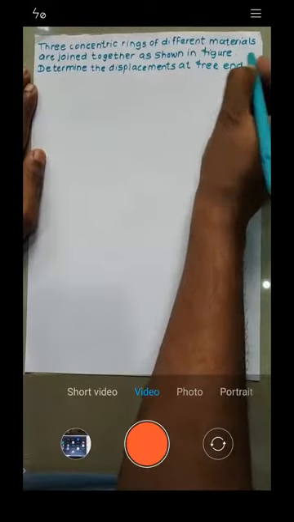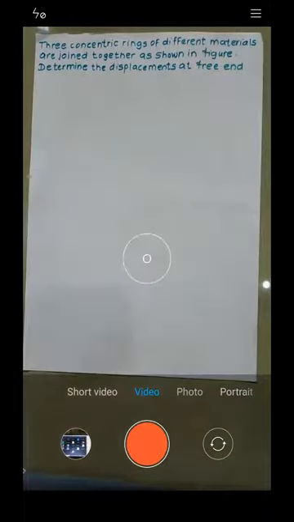Determine the displacement at the free end. We are supposed to determine what the displacement at the free end is.